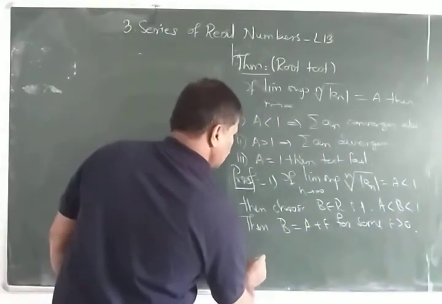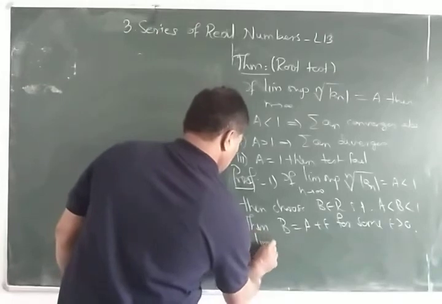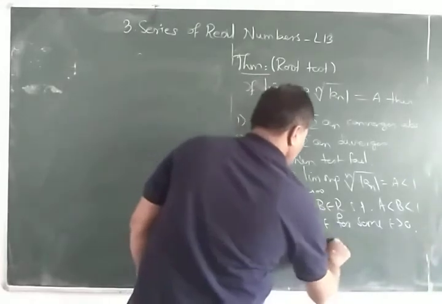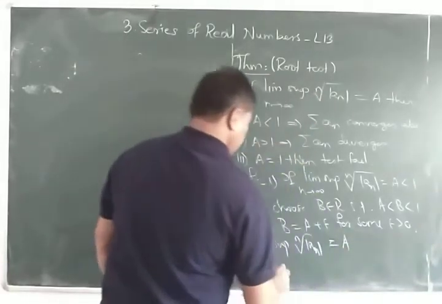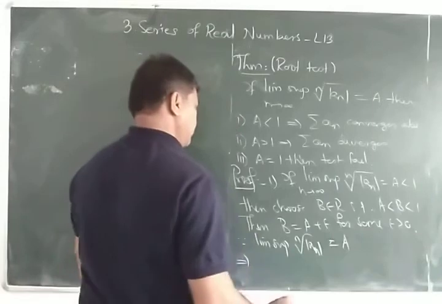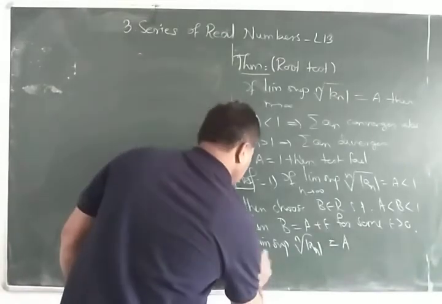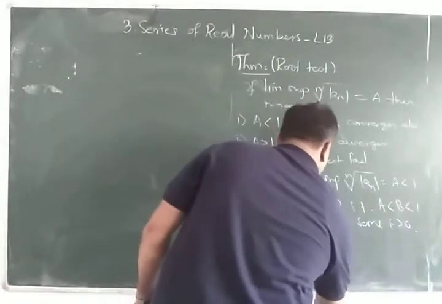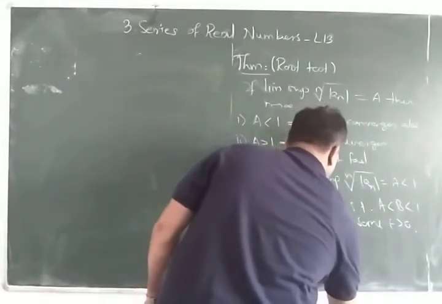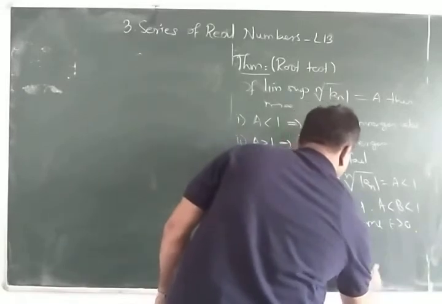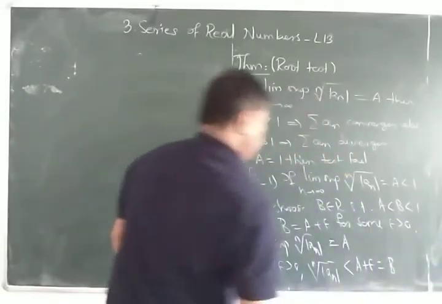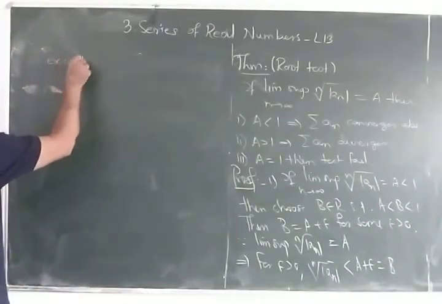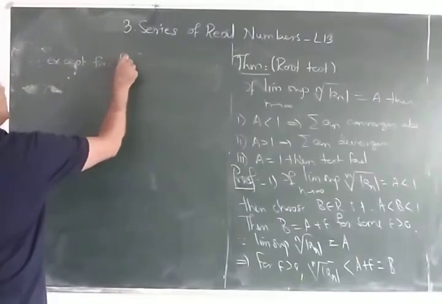Now since the lim sup of the nth root of mod a_n is equal to a, this implies that for epsilon greater than 0, the nth root of mod a_n is less than a plus epsilon, which is equal to b, except for finitely many n's.